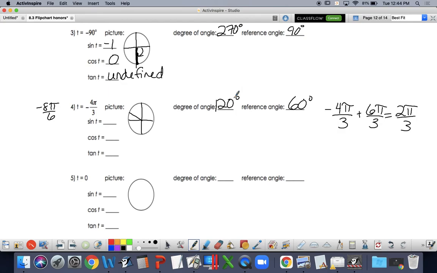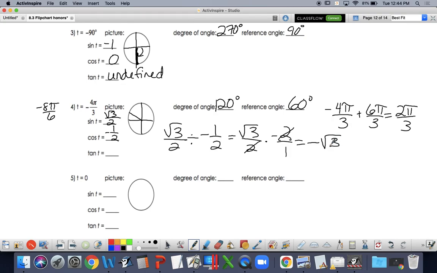I can just use all that information from 2 pi over 3. My sine is square root of 3 over 2. My cosine is negative 1/2. So from there, if I do sine divided by cosine, I get negative square root of 3.